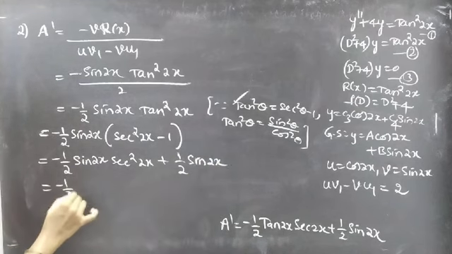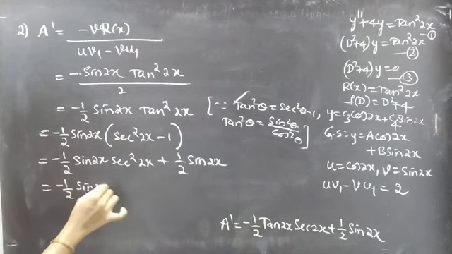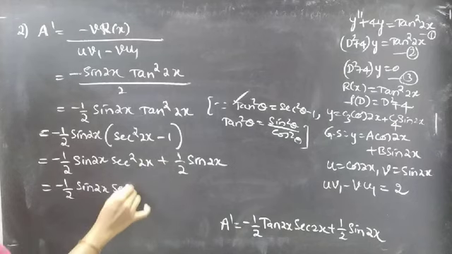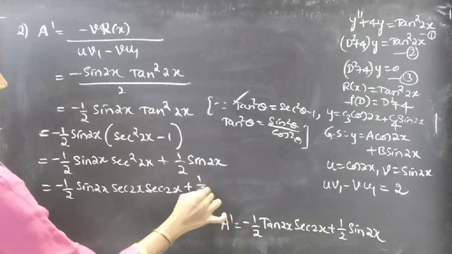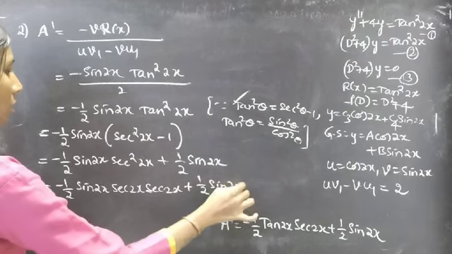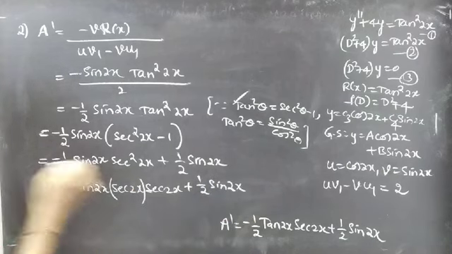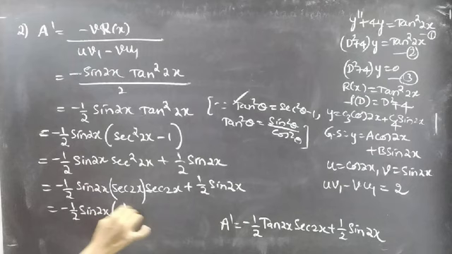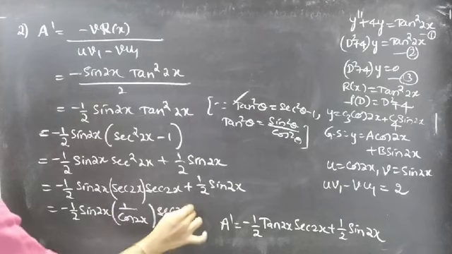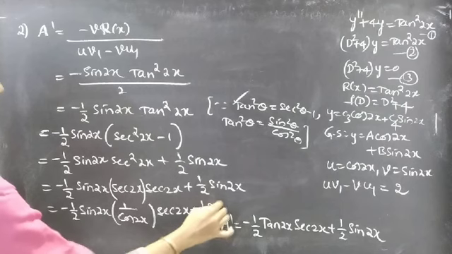Is equals to minus 1 by 2 sine 2x into, we can write secant square 2x as secant 2x into secant 2x. The second term remains the same. Now I'll replace 1 secant 2x with reciprocal of cos 2x, we'll get 1 by cos 2x into secant 2x plus 1 by 2 sin 2x.